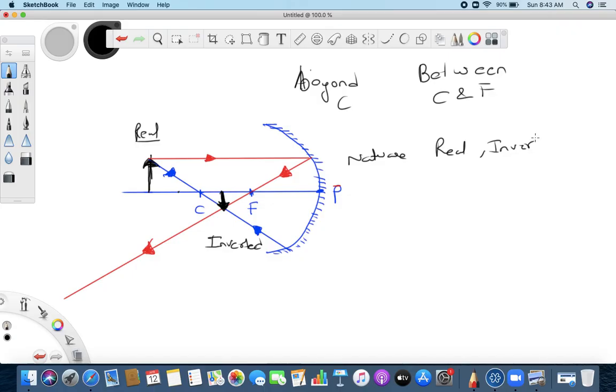Now, if you see properly, is the image size smaller or greater than the object? Yes, it is smaller, so diminished. Not highly diminished. It is not too small, so we can just say diminished. So real, inverted and diminished. When you put your object beyond C, you get your image between C and F.